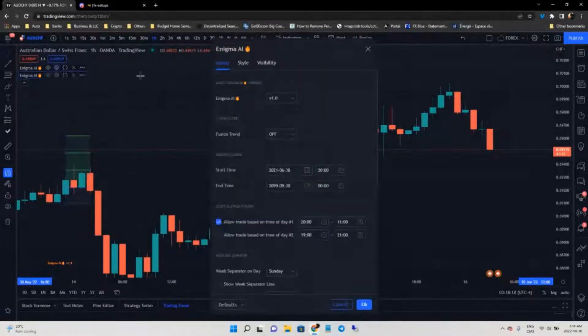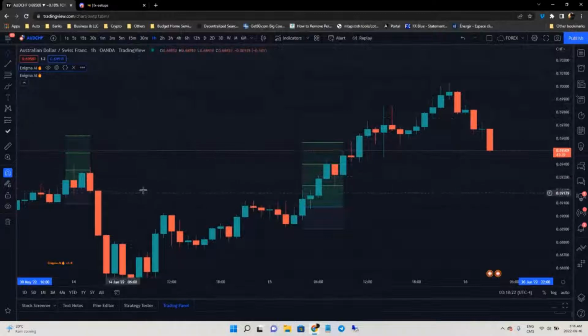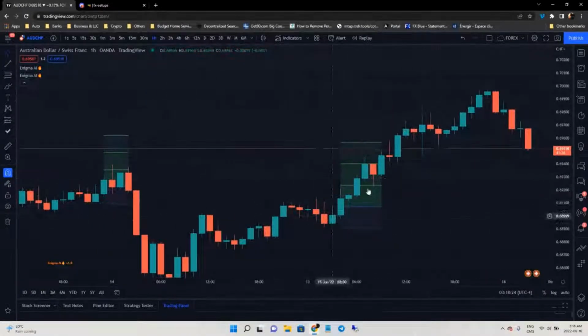Because the fusion, if you didn't know, is an actual filter. Okay, so depending exactly on the market structure, you may or may not see the trade if the fusion is on, because if, let's say, it's giving you a buy entry and you're in a bearish overall movement for the week, it's not going to show you the trade idea.